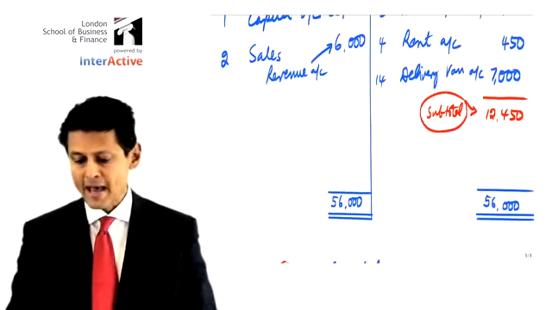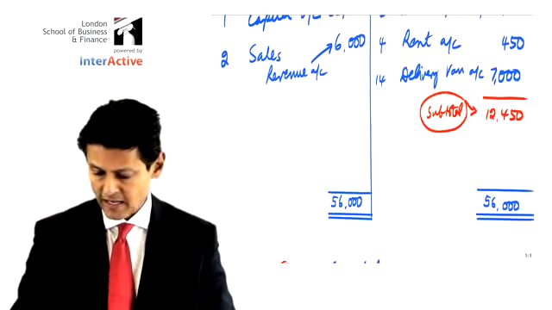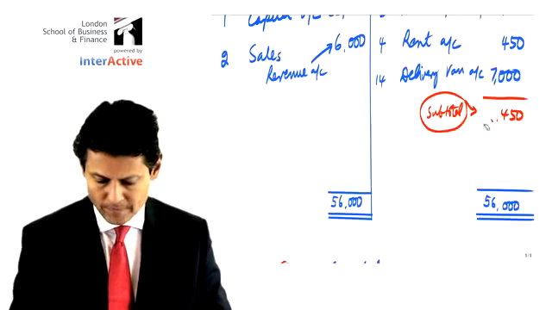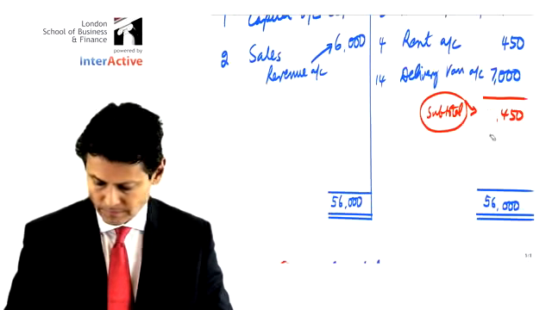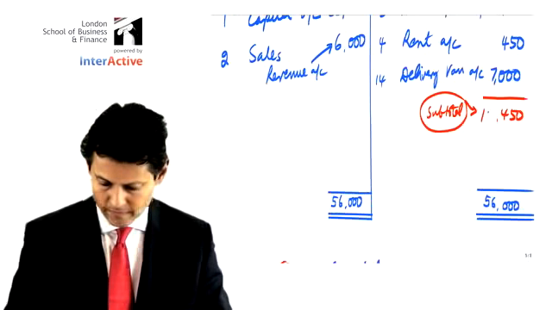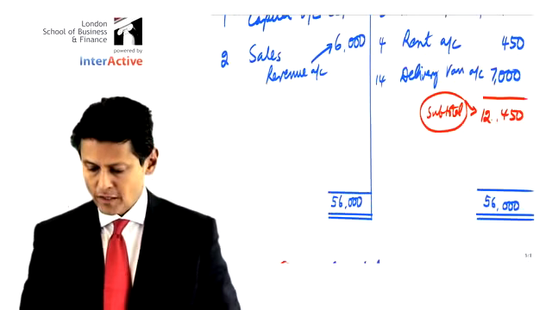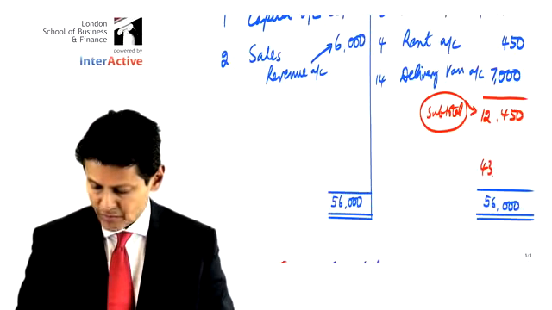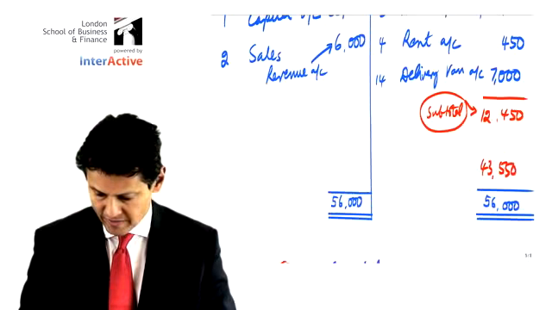I'm now going to compare that 12,450. Just write that a little bit more neatly. Apologize. You compare that 12,000 to the 56,000, you find yourself with 43,550.